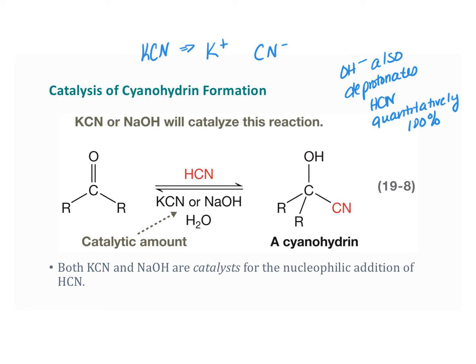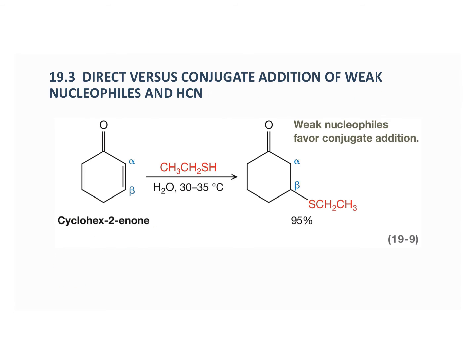So notice here, and you can go back and look at the previous slide, that the NC minus generated in either of these ways won't be consumed during the course of the reaction. And so that means that we consider both KCN and NaOH as catalysts because they increase the amount of CN minus.